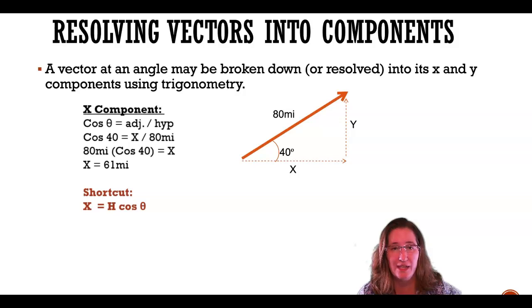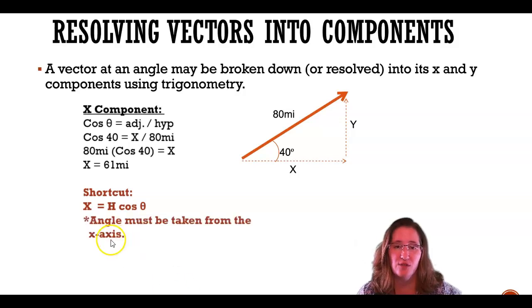That always works as long as the angle's from the x-axis, which is typically how it's given. But if they gave you 50 degrees here, then you couldn't use this shortcut unless you subtracted 90 minus 50 to get the 40. So if you have the angle off the x-axis, you can always find the x component of a projectile by doing x equals hypotenuse cosine theta.